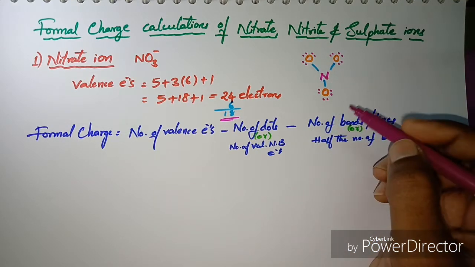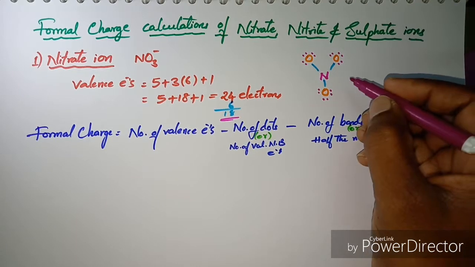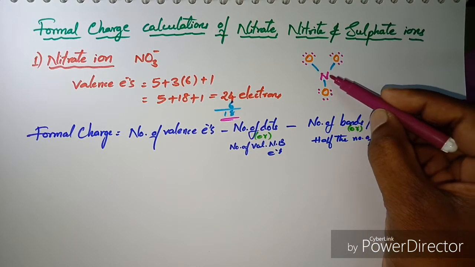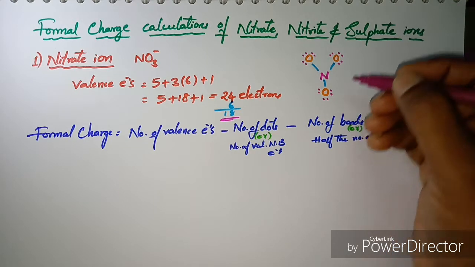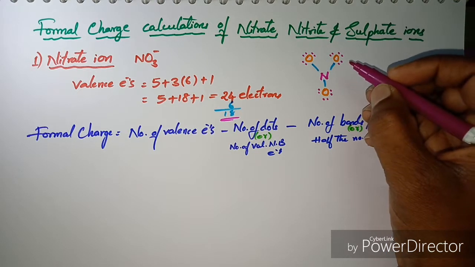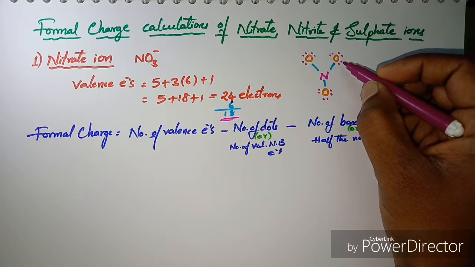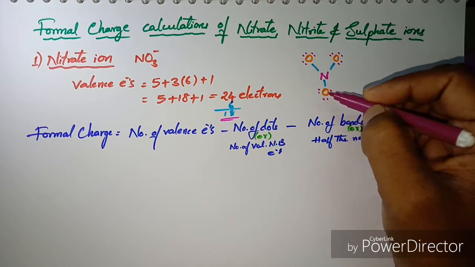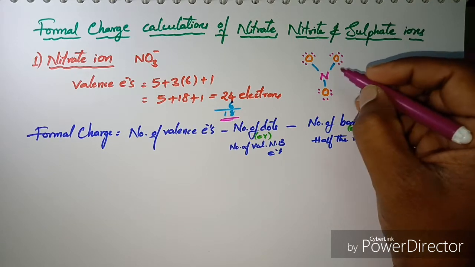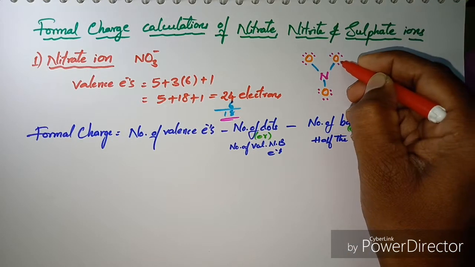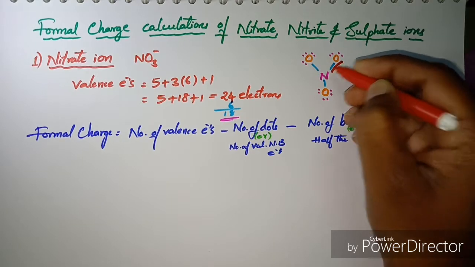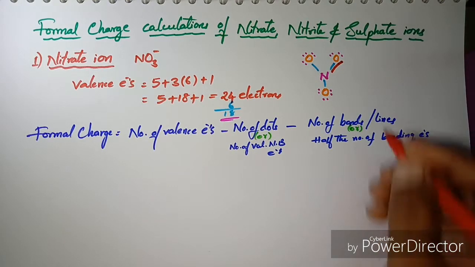So it is short of 2 electrons. In such a case, we have to achieve the octet configuration for the central atom by drawing a double bond. That can be achieved by involving 2 electrons from any one of these 3 oxygen atoms. Now I am showing it here. So this is how octet configuration of nitrogen is made.